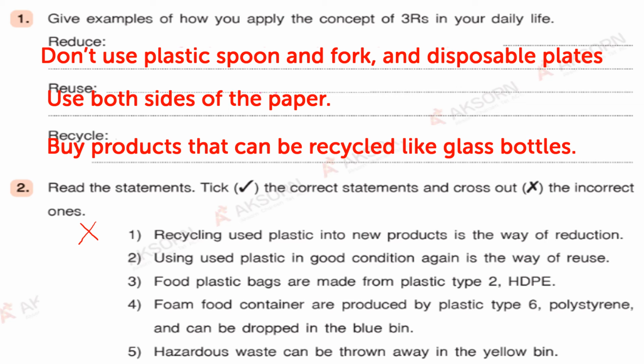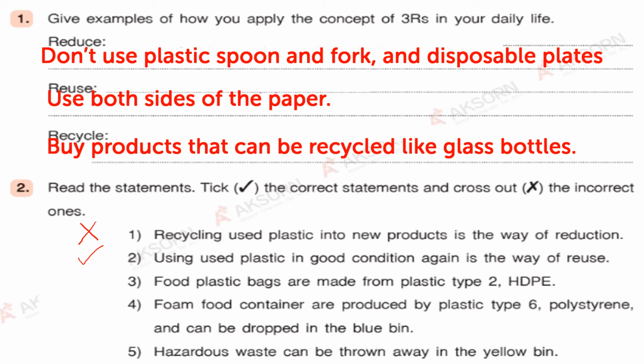Next, number 2: using food plastic in good condition again is the way of reusing. This is correct. Do you remember about old clothes? If you don't want to wear them, you can donate them or give them to charity so that other people can use them.